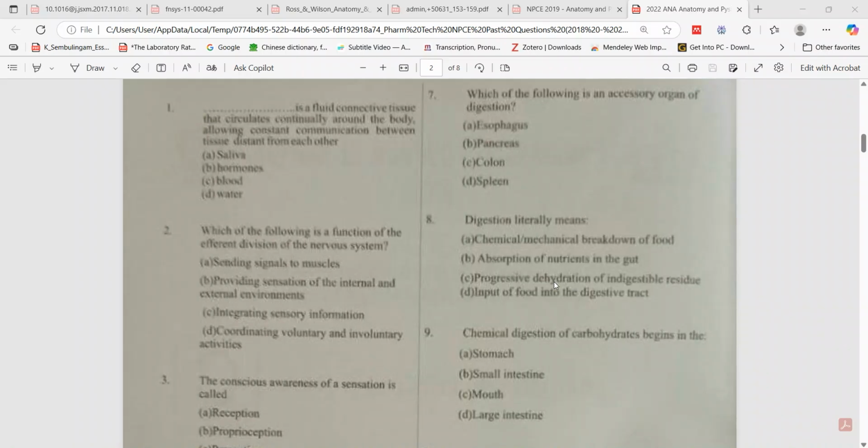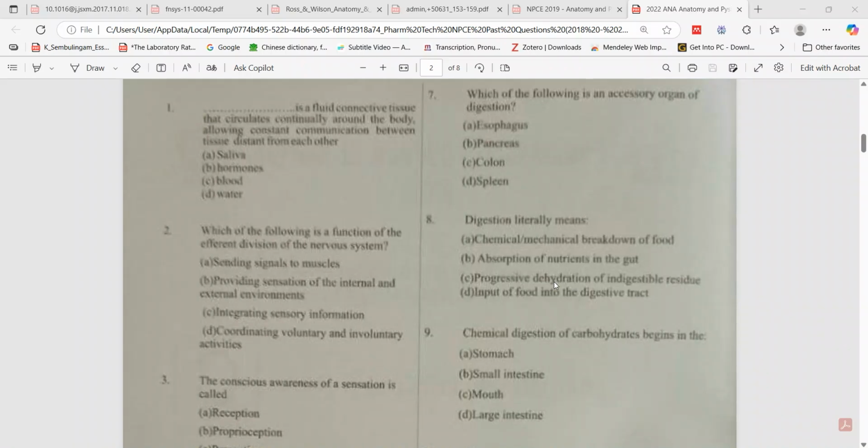Pancreas, colon, spleen. So spleen, because I don't know what spleen means. The answer is pancreas. The pancreas is an accessory organ of digestion.